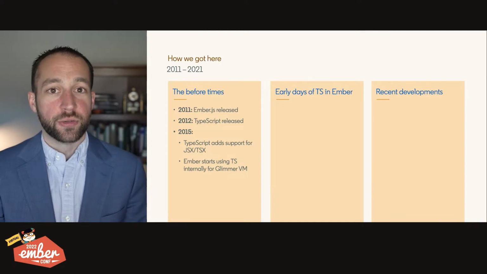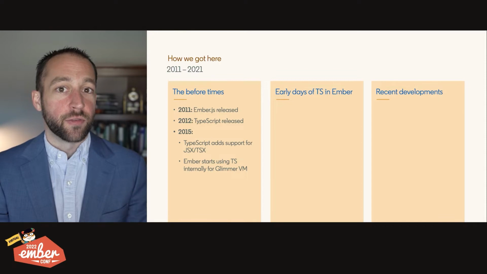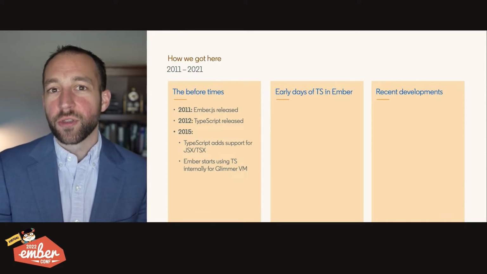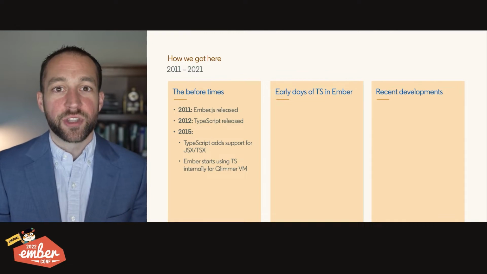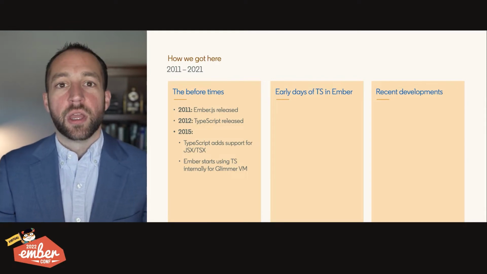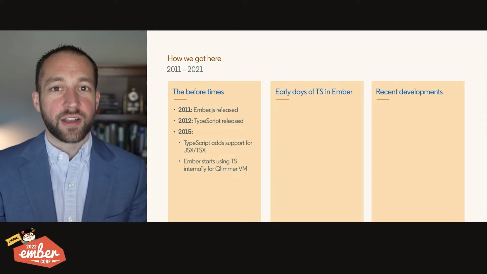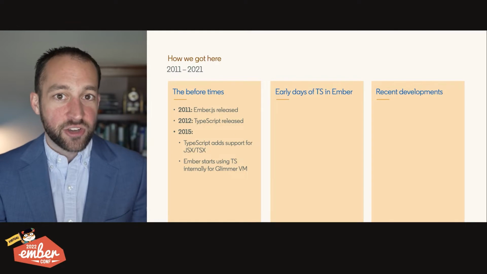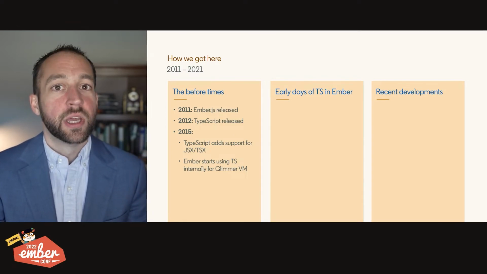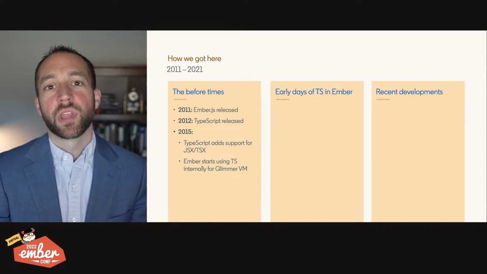Ember itself started using TypeScript, and TypeScript put out support for JSX in the form of TSX, typed templates, which really for the first time gave front-end web developers the ability to have end-to-end types for their JavaScript code. Really powerful. And at the same time, Ember began investing in the internal implementation of its rendering library for its template layer, the Glimmer VM, in TypeScript.